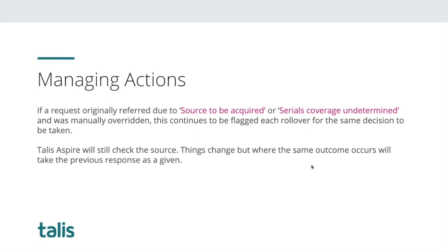It might be that you couldn't acquire that, it's an old text and you couldn't purchase it when the request was originally processed. So now when you check, there are some out of print copies available at a reasonable price, so you can acquire it and then add that to your library, and that will be picked up the next time that you roll over. Or serials coverage undetermined.